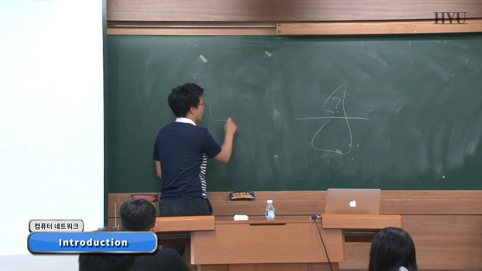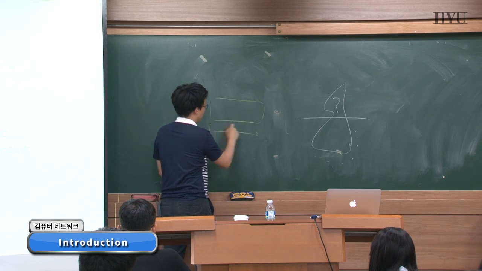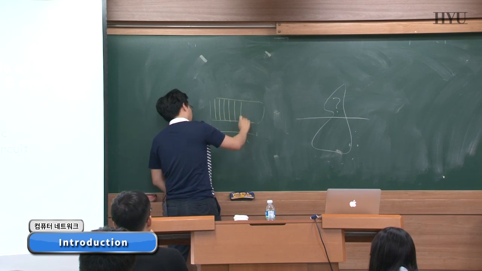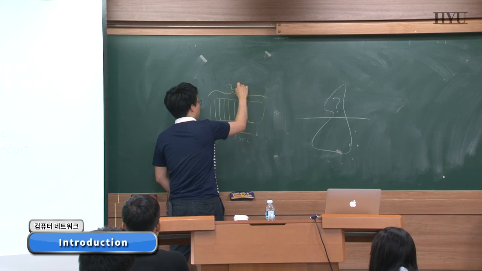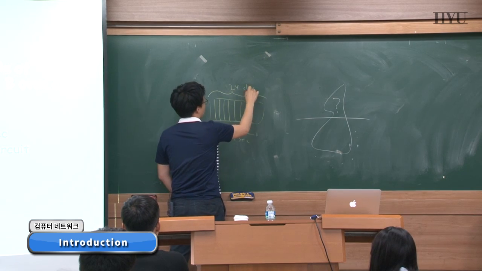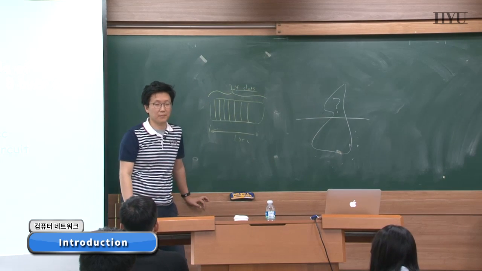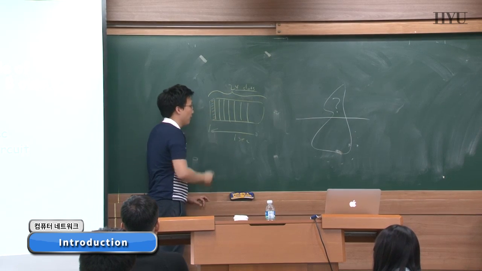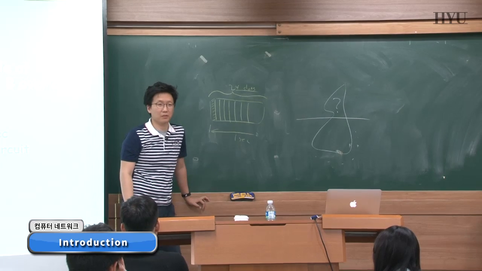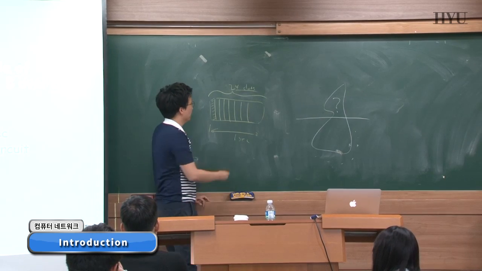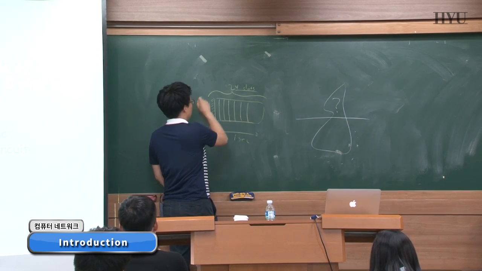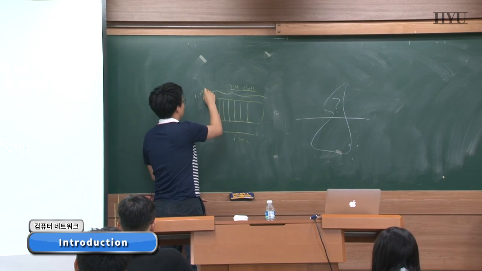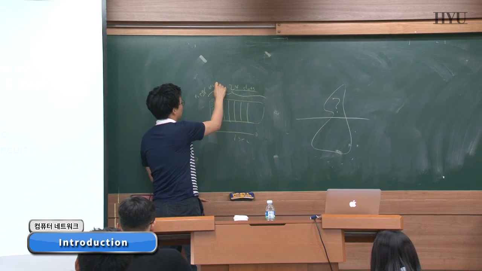Let's say a 1 second period, I have 24 slots, right? How much can I send in a single slot? This is 1.536 megabits per second.